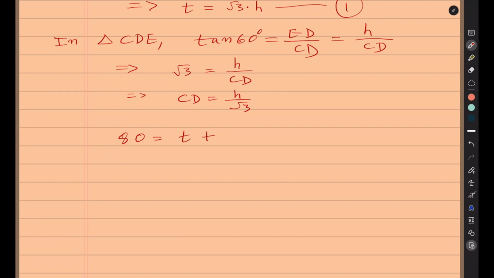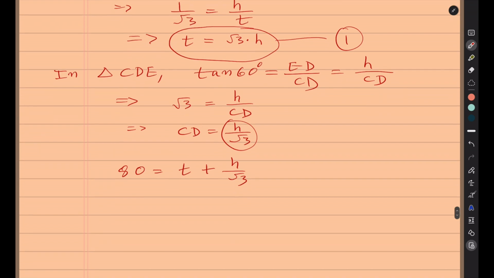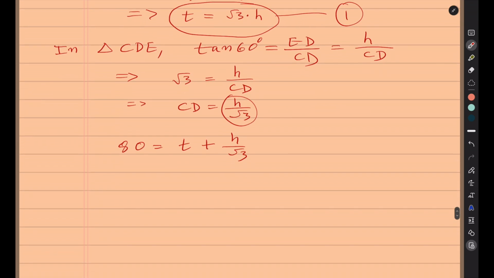T plus, and in place of CD we can write h divided by root 3. Okay. Then we have one more finding which we have done previously. This one. We know that t is equal to root 3 times h.